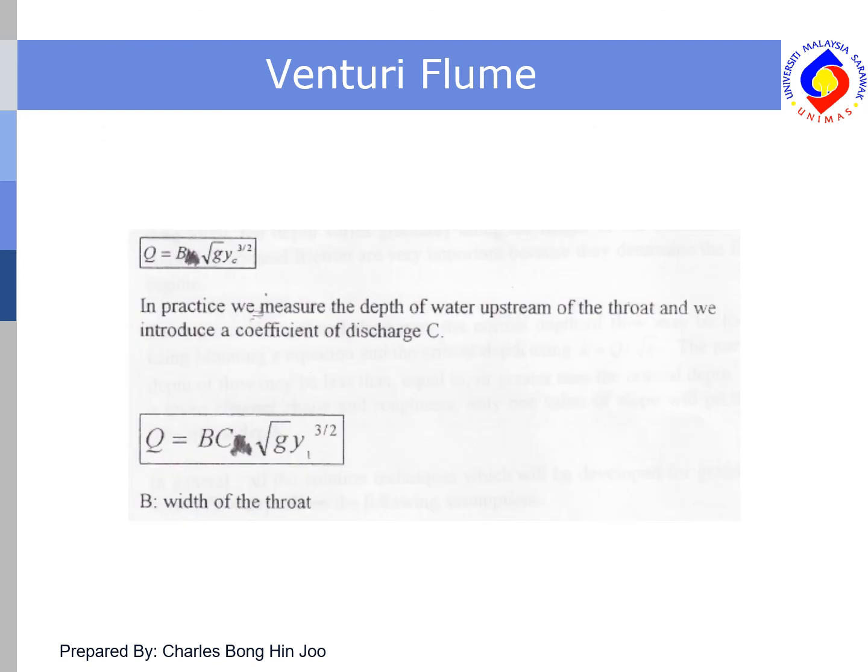So from there, for practical use, we can find the discharge through a Venturi flume by using the expression Q equal to B, where B here is the width of the throat, multiplied by C, which is the coefficient of discharge, multiplied by square root of g, multiplied by y1, where y1 here is the flow depth before entering the throat, to the power of 3 over 2.